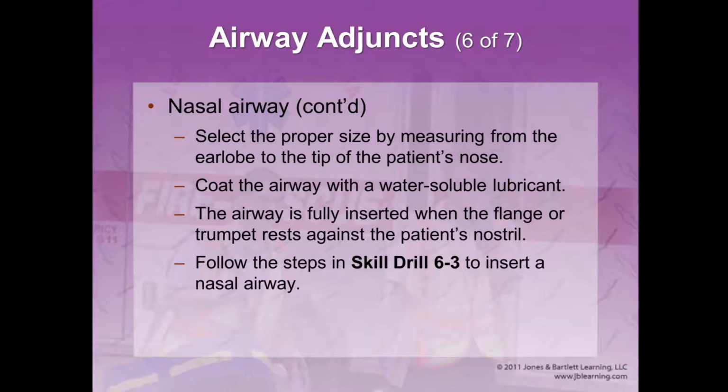Once you have that airway coated with your lubricant, then you want to insert the airway perpendicular to the face. So you want to essentially put it in at like a 90-degree angle. You don't want to ride the nasal passage up into the nose and then into the back, because your nose is very vascular.